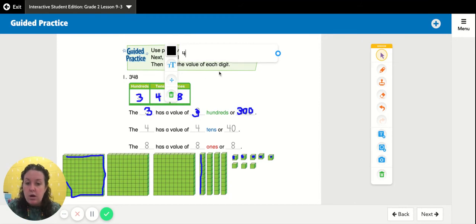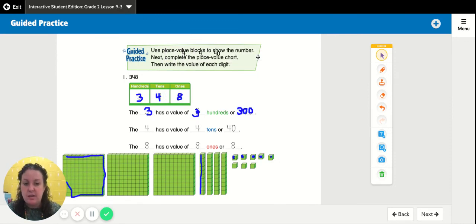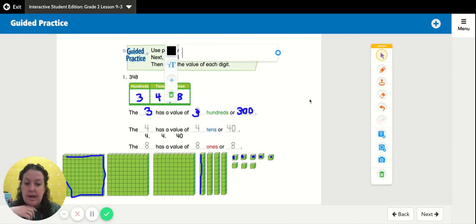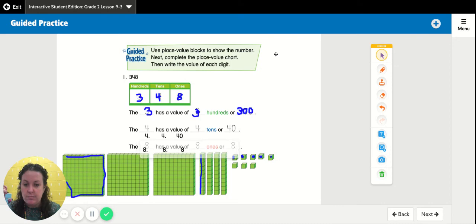The 4 has a value of 4 tens, or 40, and it put a little period after my numbers. That's okay. It thought I was writing sentences. I'm just going to put it right down there. And the 8 has a value of 8 ones, or just 8. And I'm going to put it down here so my teacher will know that I understand what I'm doing.